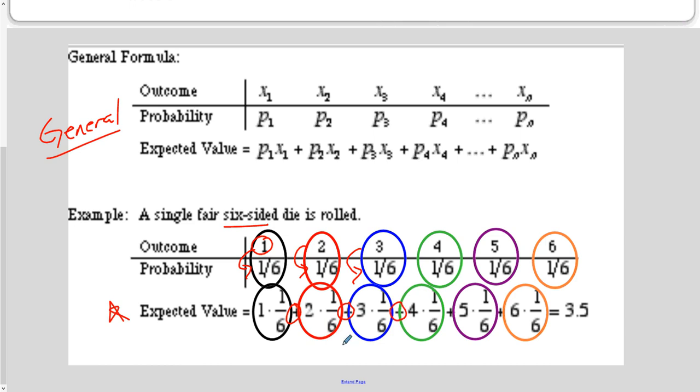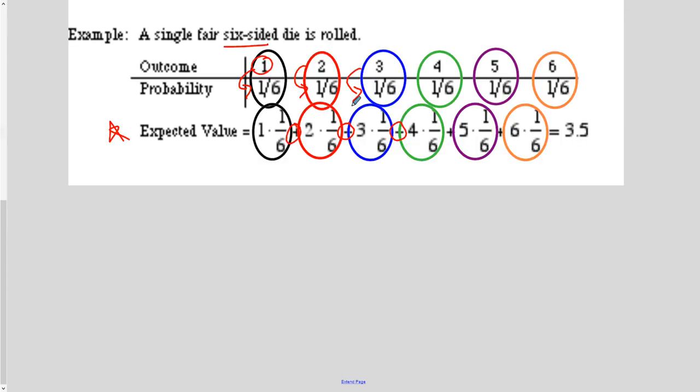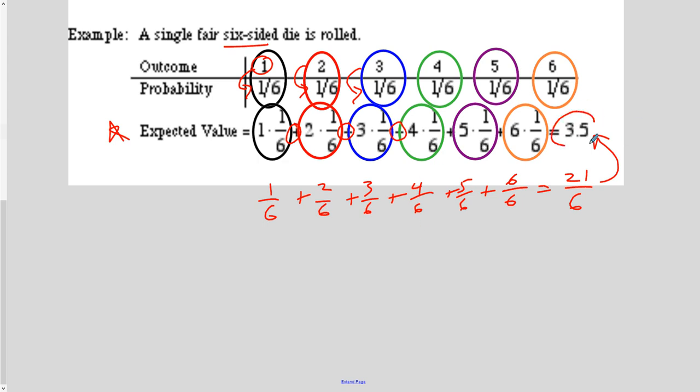So 1 times 1/6 plus 2 times 1/6 plus 3 times 1/6 plus 4 times 1/6, etc. So you can see that that would be 1/6 plus 2/6 plus 3/6 plus 4/6 plus 5/6 plus 6/6. 1 plus 2 is 3 plus 3 is 6 plus 4 is 10, 15, 21/6, or 3.5. The expected value of a die roll is 3.5.